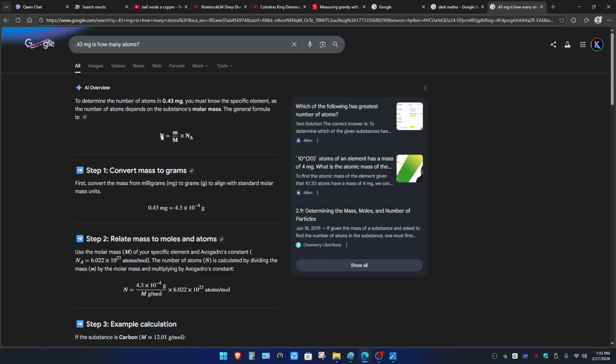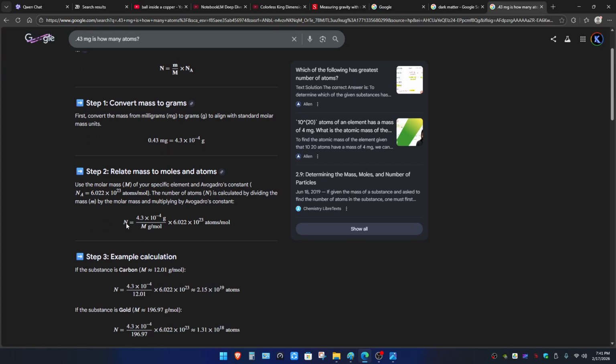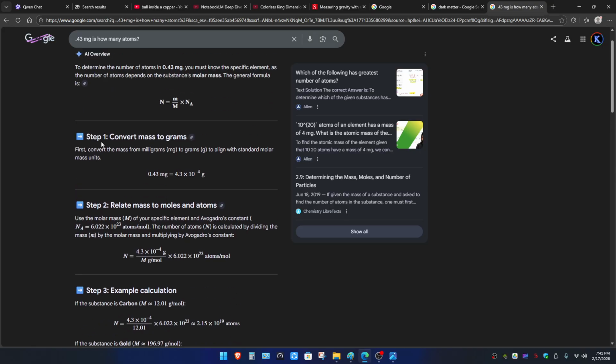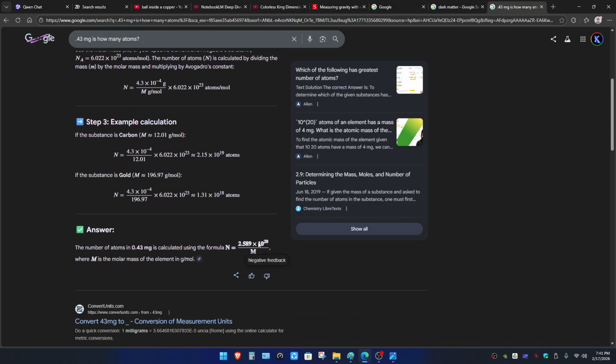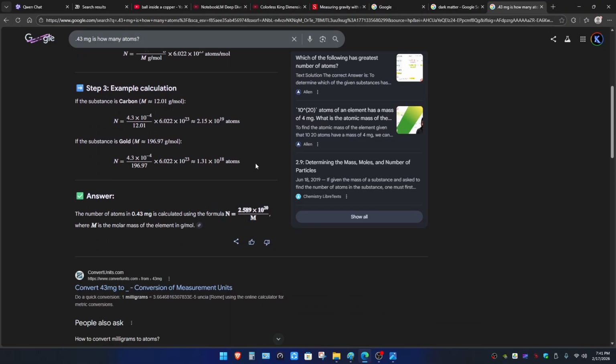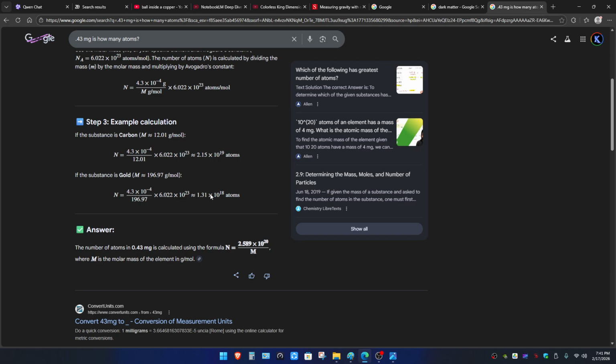So this is the amount, and if we were to do the math, this is step 1, and then step 2, and then step 3. So the amount of atoms we expect is 1.31 times 10 to the power 18 atoms. So I still do not know what it is saying.